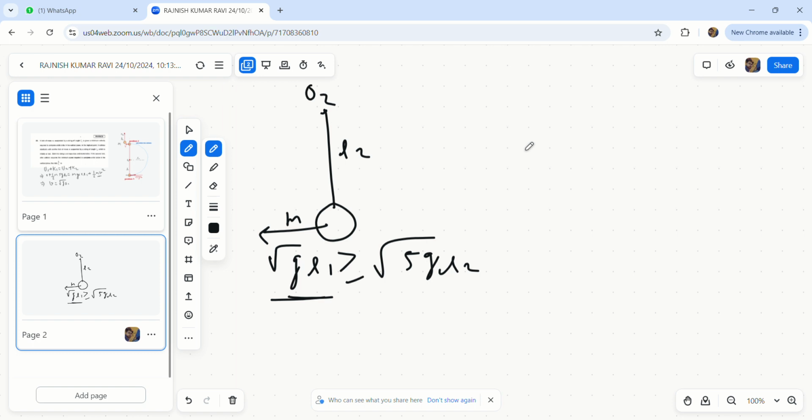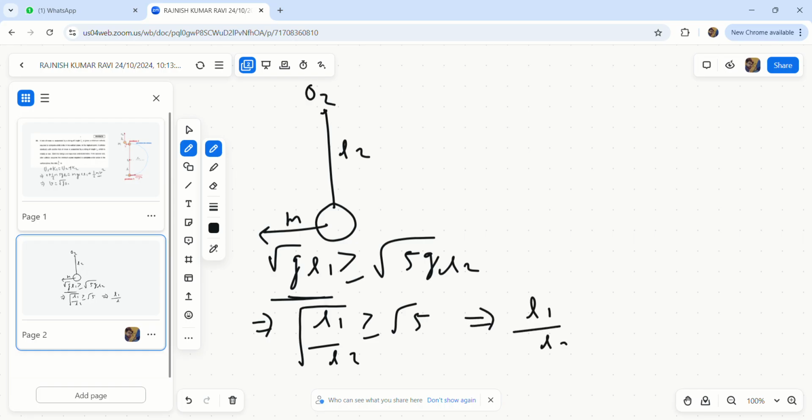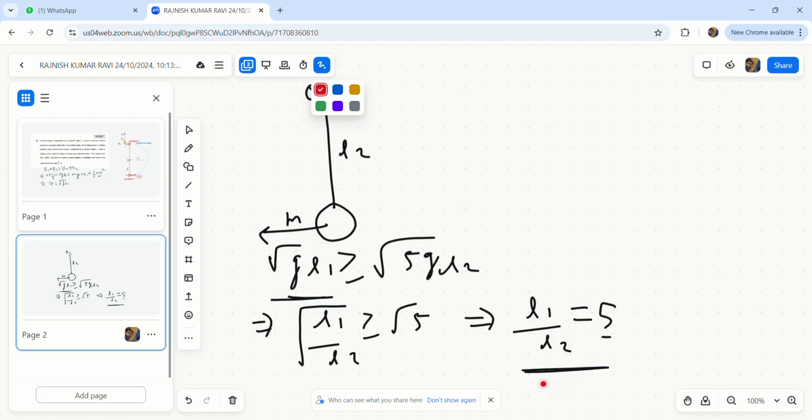Cancelling g on both sides, we have under root L1 by L2 equal to under root 5. Squaring both sides, we have L1 by L2 equal to 5. So L1 by L2 should be equal to 5. This is the required answer of this question. Thank you.